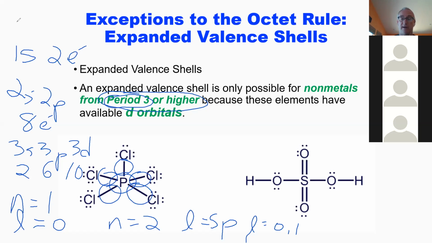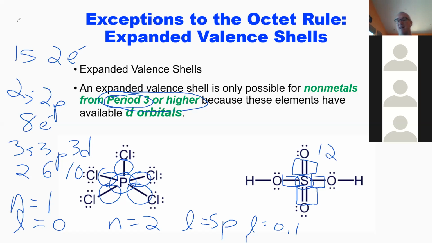What about the sulfur here? That's sulfuric acid. How many total electrons does sulfur have in that model? Looks like 12. Yeah, it's got 4 from each of these double bonds, and then 2 more here and 2 more there for a total of 12.